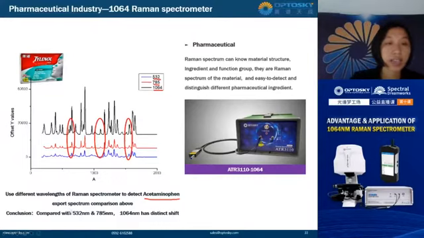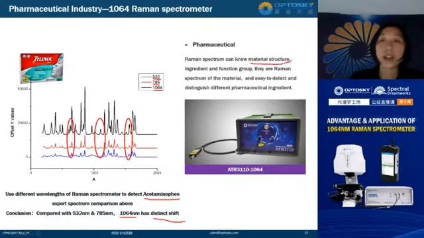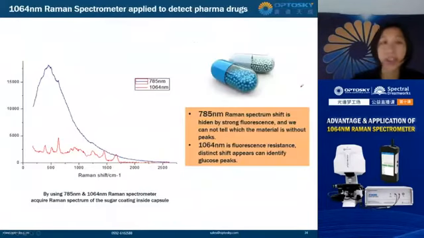And we can see that compared to 532 and 785, the signal of the 1064 has the most distinct shape. So Raman spectrum can reveal material structure, ingredients, and functional groups. So these are Raman spectra of the materials, and it is easy to detect and distinguish different pharmaceutical ingredients.